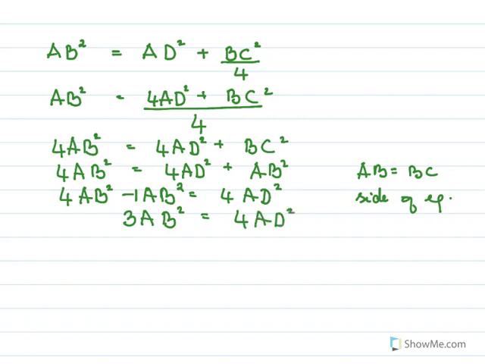And I have proved 3 times the square of the side, because this is side, AB is side, equal to 4 times the altitude. AD was the altitude. Proved.